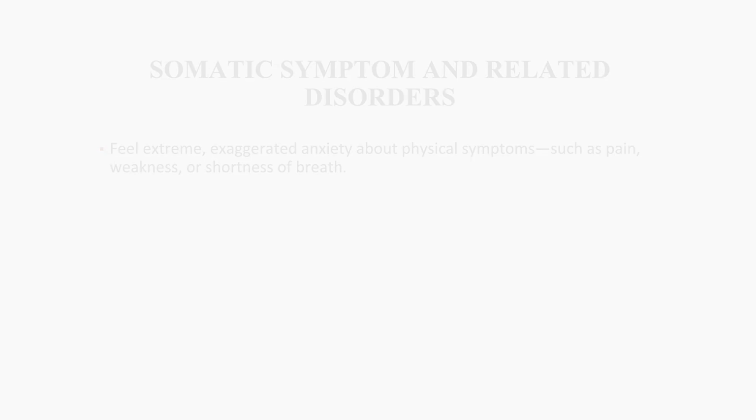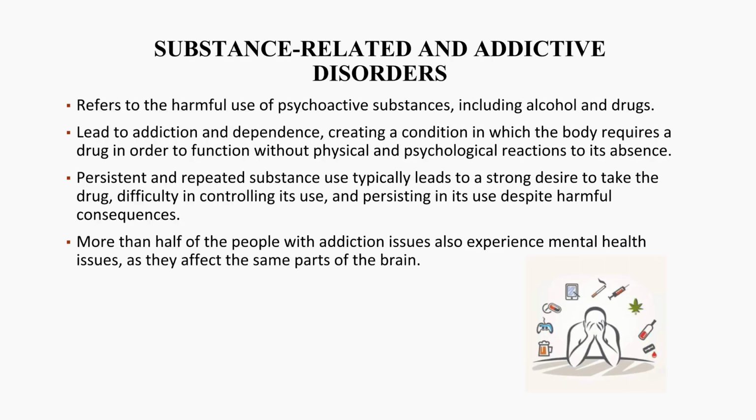We have the substance related and addictive disorder. Substance use disorders occur when frequent or repeated use of alcohol or drugs causes significant detriment such as health problems, disability and failure to meet major responsibilities.